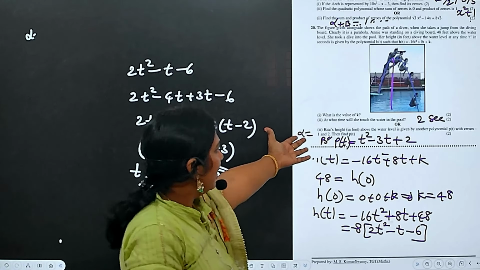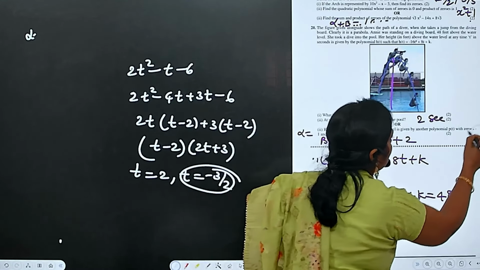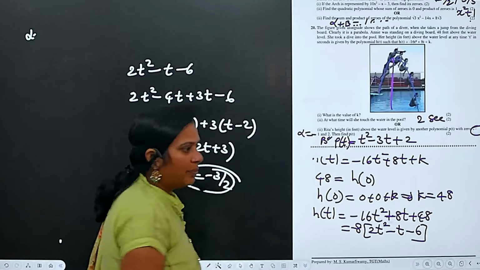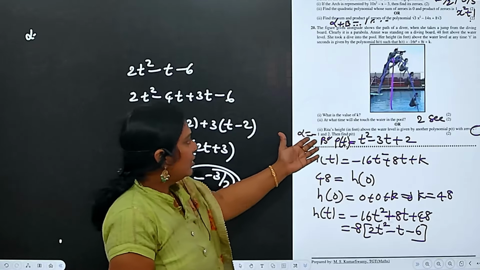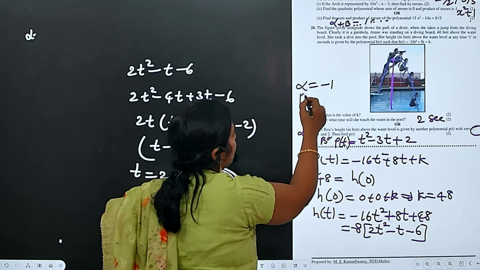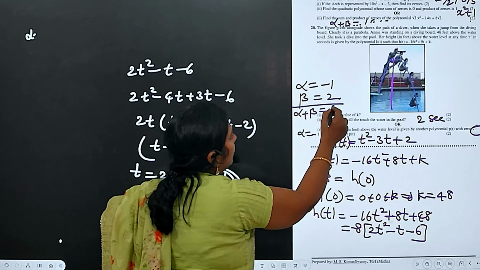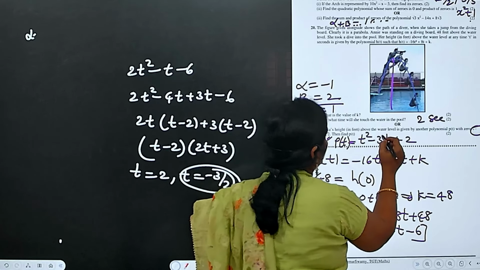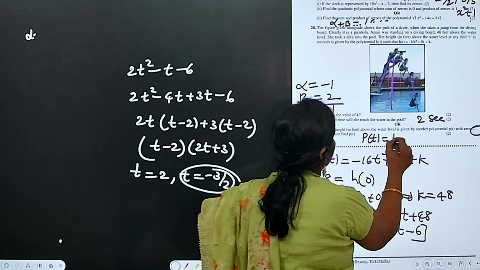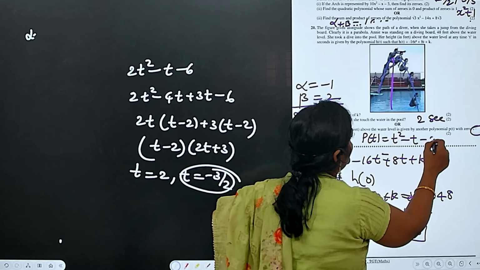Second one they have given zeros. ఇక్కడ మైనస్ అనేది ఉంది, ఇక్కడ మైనస్ని మనం ఇండికేట్ చేయలేదు. ఇక్కడ మైనస్ ఉంటే ఎలా తెలుస్తుంది? ఇక్కడ -1 ఉంటే అప్పుడు వస్తుంది. ఆల్ఫా ఈక్వల్ టు -1, బీటా ఈక్వల్ టు 2 అంటే ఇట్ డిపెండ్స్. ఆల్ఫా ఈక్వల్ టు -1, బీటా ఈక్వల్ టు 2 అన్నప్పుడు ఆల్ఫా ప్లస్ బీటా ఏమవుతుంది? 1 అవుతుంది. అప్పుడు ఇదేమవుతుంది? P of T equal to T square minus T minus 2.